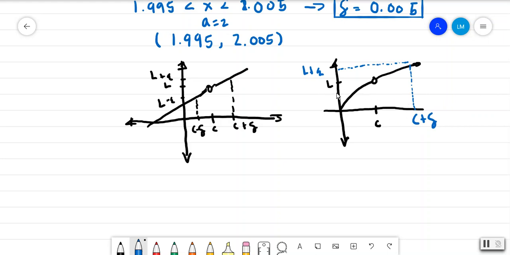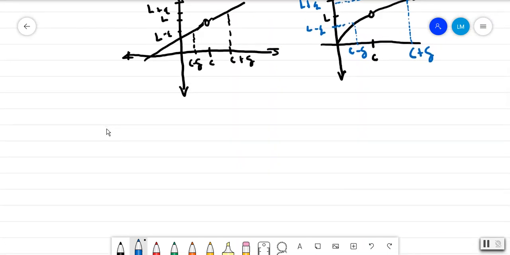Then if you choose L minus epsilon, in this case this is closer, so you have C minus delta. This one right here is actually closer than this one. So if I was looking for a delta, I would choose this one as opposed to that one, because I'm too far away from my constant C. It's the same idea as with tangents, that you want to be as close as possible.